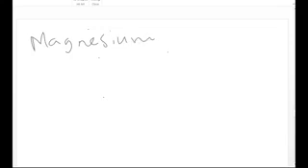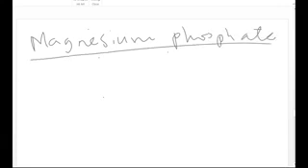Now, for example, I have magnesium phosphate. Who will try that? Magnesium phosphate.